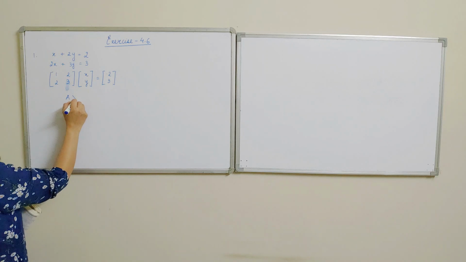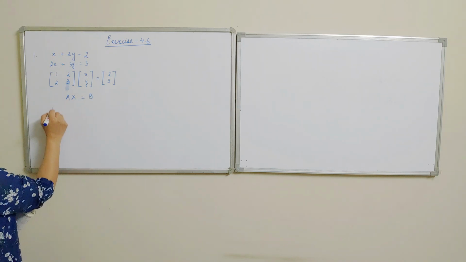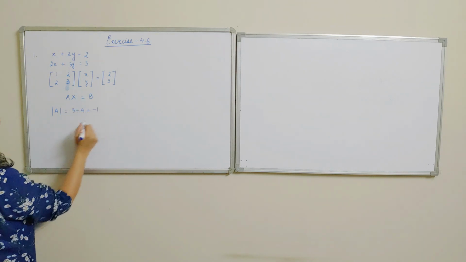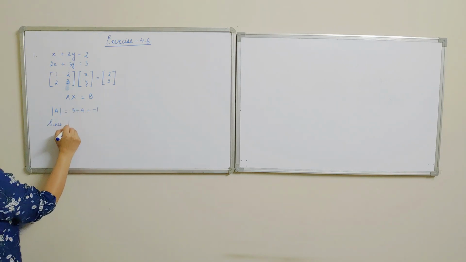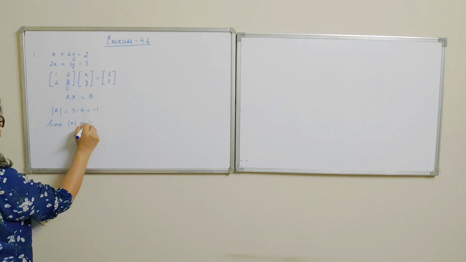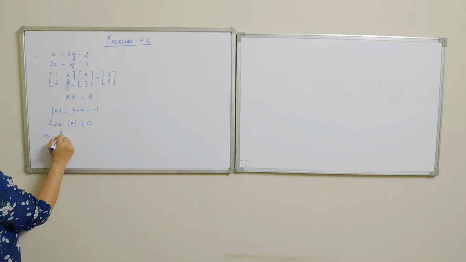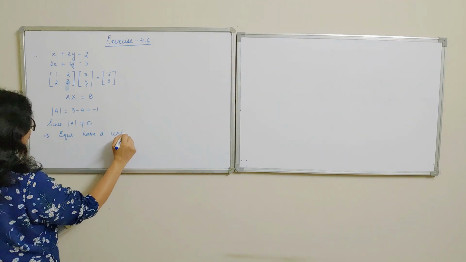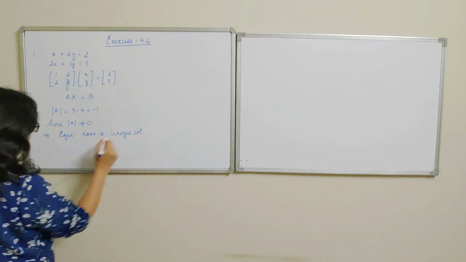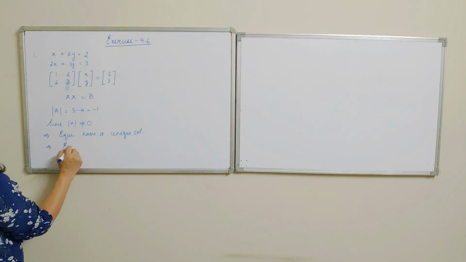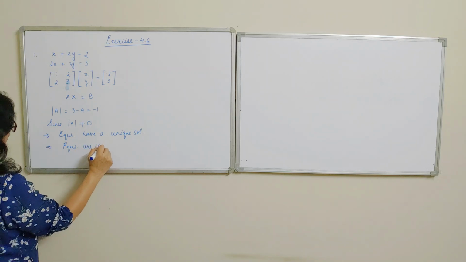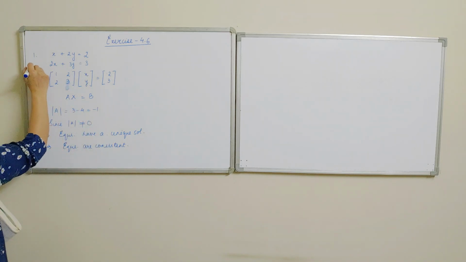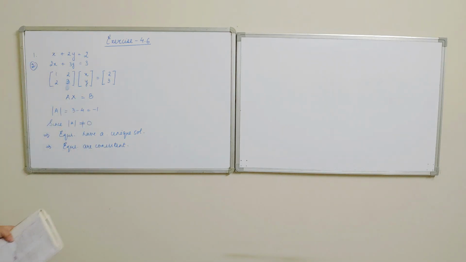So this is like AX equal to B. Find out determinant A. Determinant A is -1, and since determinant A is not 0, we know that the given equations have a unique solution, and because the equations have unique solution, this means that the equations are consistent. So these are questions usually asked in exam for 2 marks.